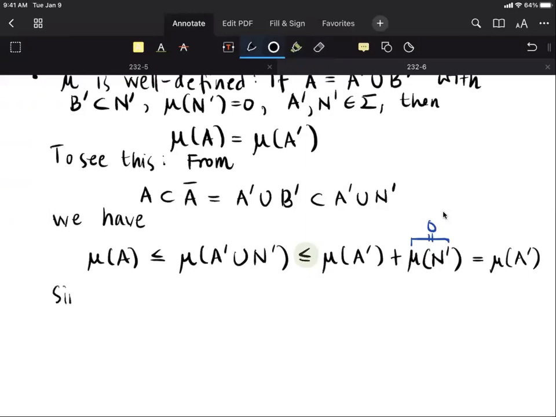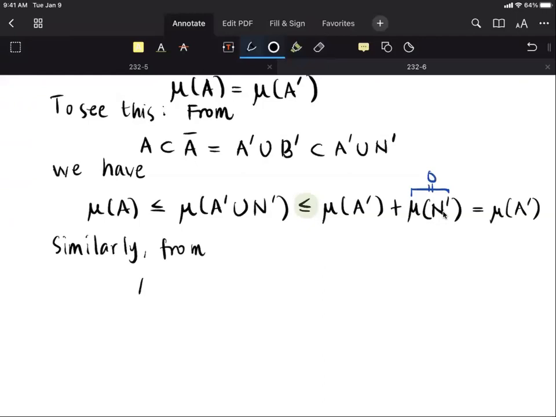Well, you can interchange the roles, so by symmetry of argument, similarly, okay, let's start with A prime.